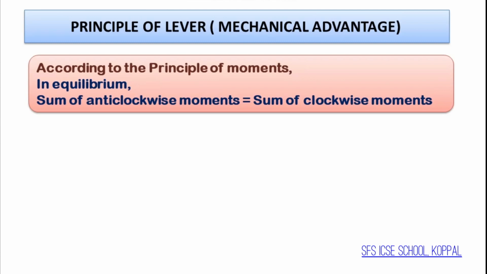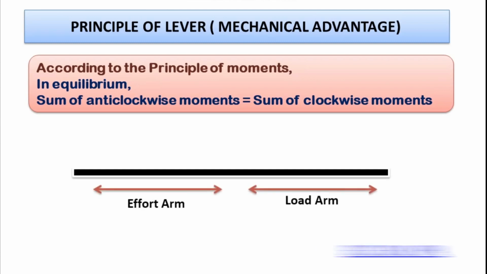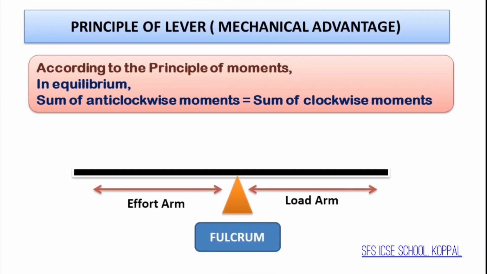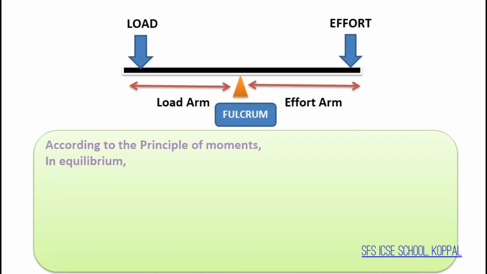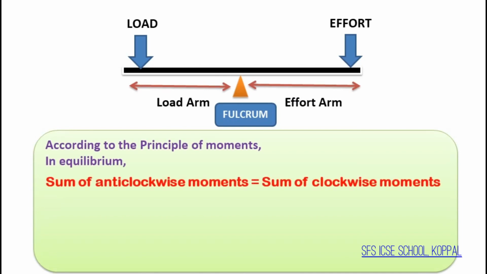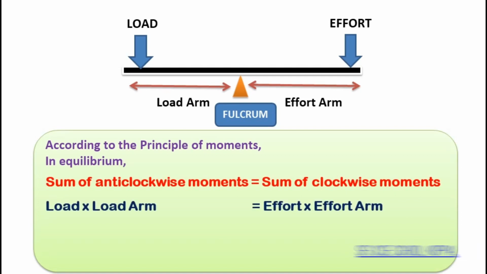Let us take a lever. Here, fulcrum is the joining point or the pivoted point. Effort and load are the two forces. So, according to principle of moments, in equilibrium, sum of anti-clockwise moments is equal to clockwise moments, and we know that anti-clockwise moments in this case is load multiplied by load arm, and clockwise moments in this case is effort multiplied by effort arm.